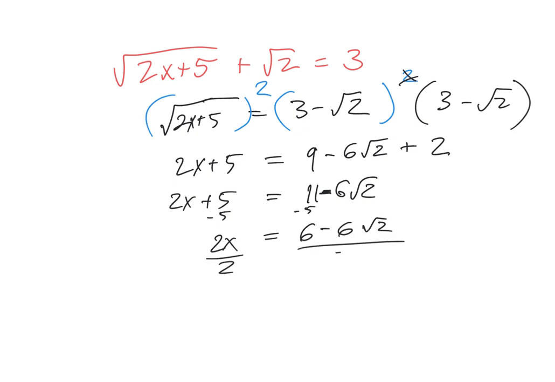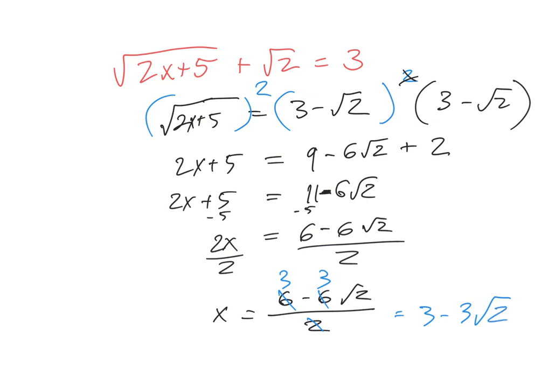Divide both sides by 2. x equals 6 minus 6 root 2 all over 2. Since all my terms are things you can add or subtract, all of them are divisible by 2. The 2 reduces here to 3 and 3. So x equals 3 minus 3 square root of 2.